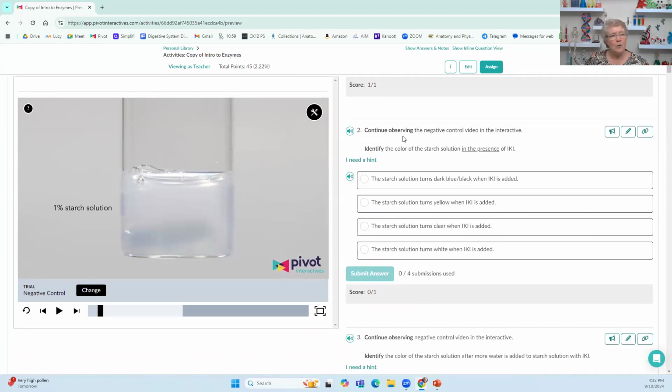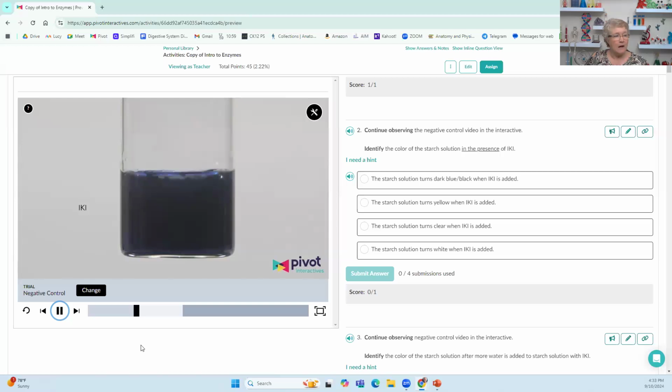Now, continue observing the negative control video in the interactive. Now we're going to identify the color of the starch solution when we add that IKI, in the presence of IKI. So let's watch until the IKI is placed in there. Okay, this is stirring the starch solution. We just put the IKI in.